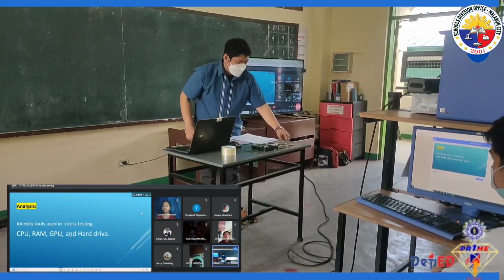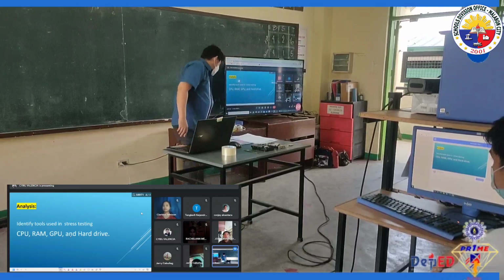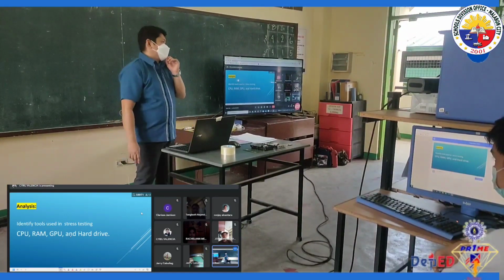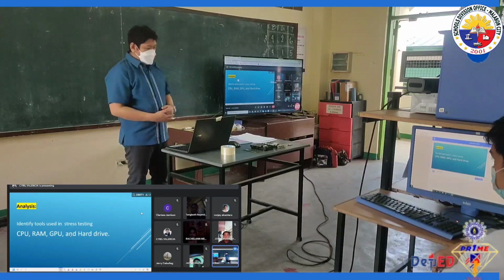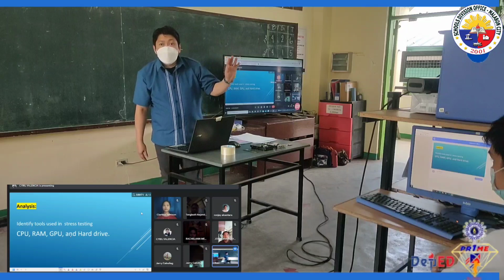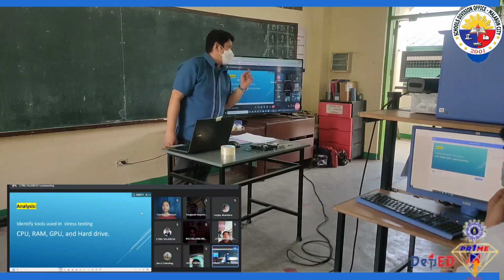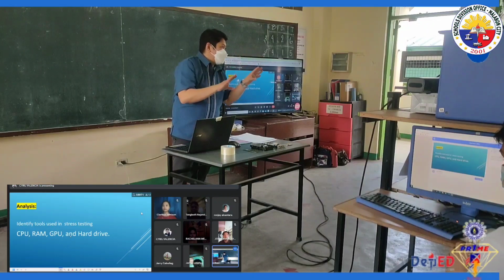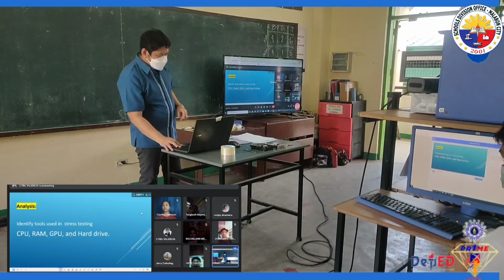All of these are known as computer hardware, and they are all candidates for stress testing. But specifically, meron silang kanya-kanyang tools to be used para ma-evaluate sila.